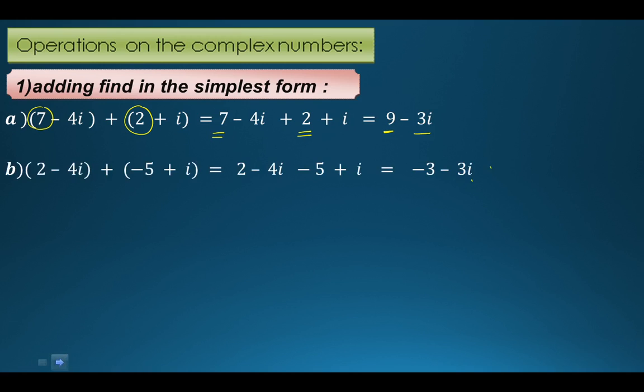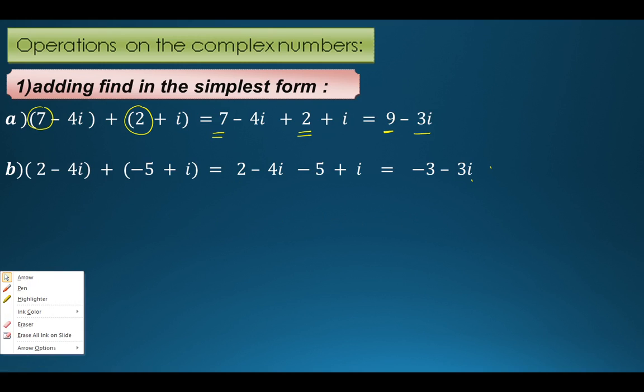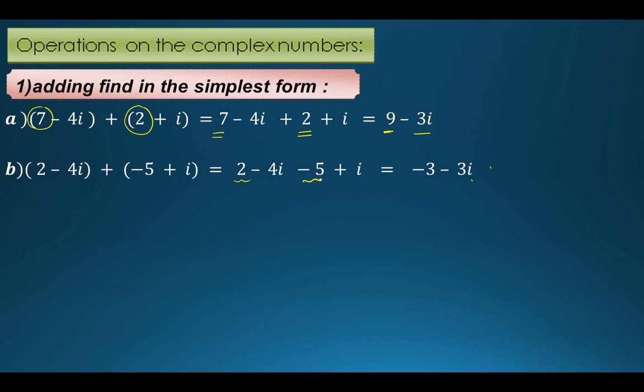Here 2 minus 4i plus negative 5 plus I. First we remove the bracket, so it will be 2 minus 4i minus 5 plus I. The real parts are 2 and negative 5. 2 minus 5 equals negative 3.